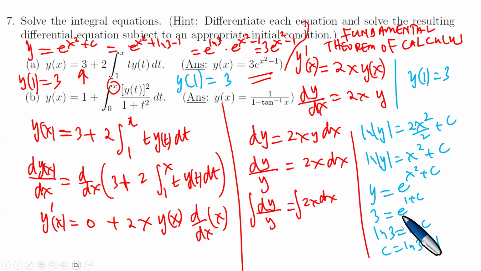But what we did here, we made y the subject, and y became e to the x squared plus c. x is 1, and then y is 3.